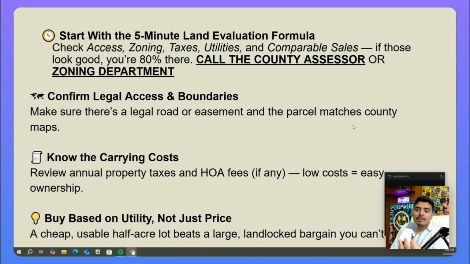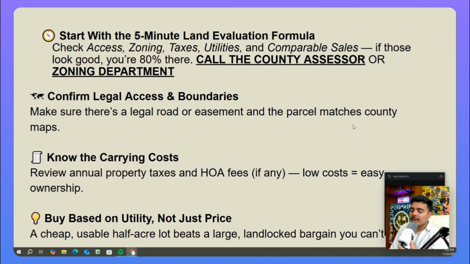is this one I wrote down because I really think it's important, because there's always a misconception. Buy based on utility, not just price. Another thing to add to not just price is not just the acreage or the size, right? Because you also have to think about usability, right? And location.